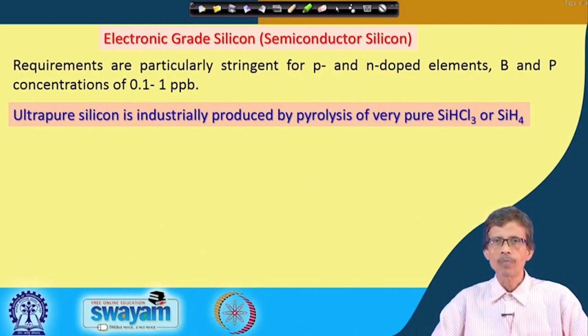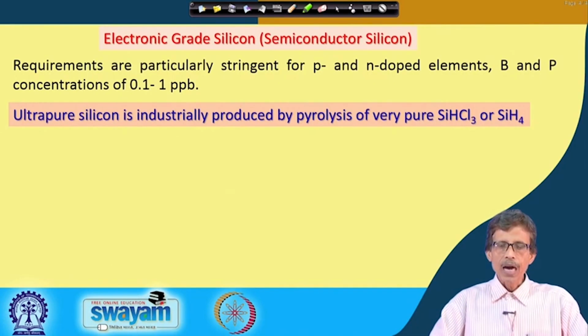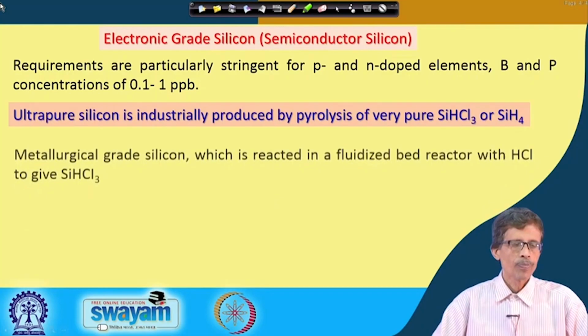It is the way we get carbon from methane, or carbon from natural gas sources or any other hydrocarbons. So, getting carbon from hydrocarbon material is similar to getting silicon from compounds like SiHCl3 or SiH4.